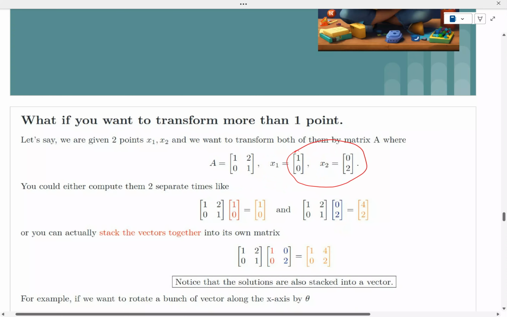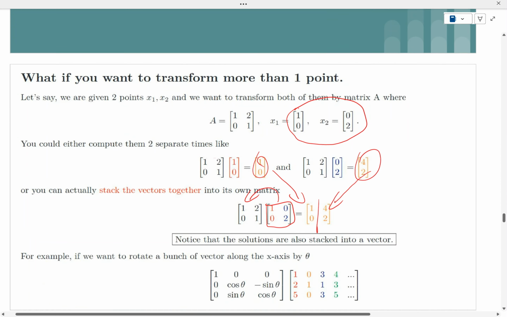So now it's 1 0 0 2, right? Instead of multiplying them individually, we could make them into a bunch of columns, and then we multiply. And notice you get the first result as well as the second result. This is much easier than if you try to do them one at a time.